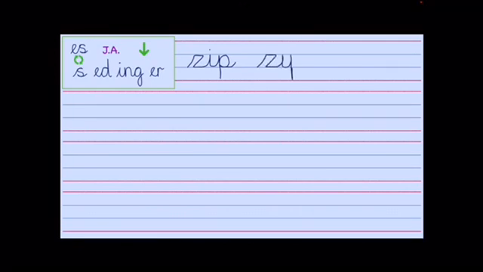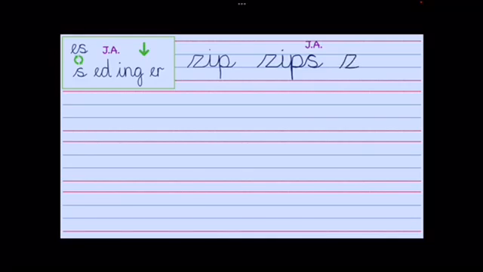Zip. And I add suffix s. And it is just add. How about, though, if I am writing zipper? My jacket has a zipper at the front.